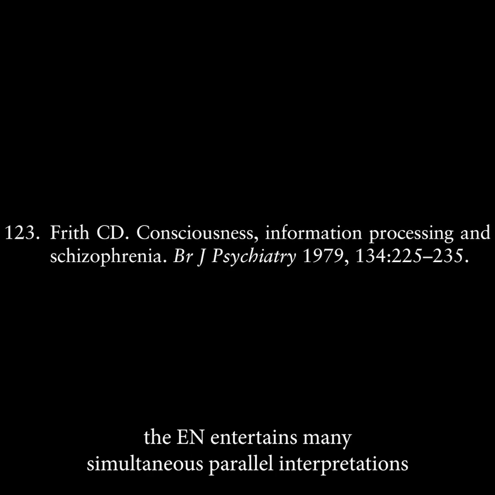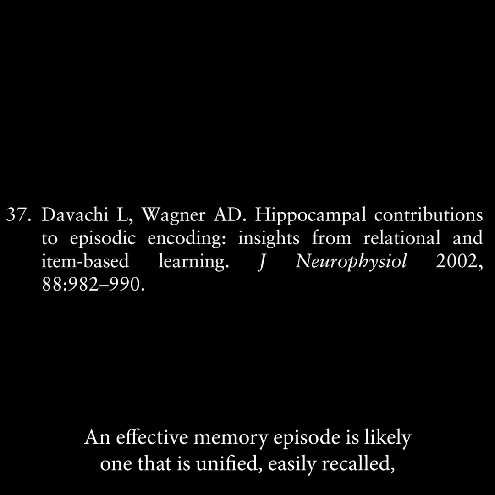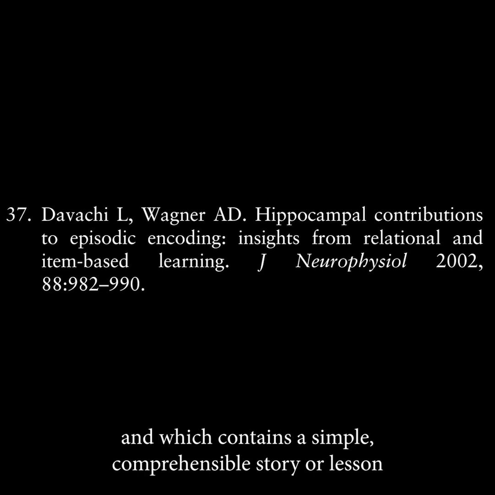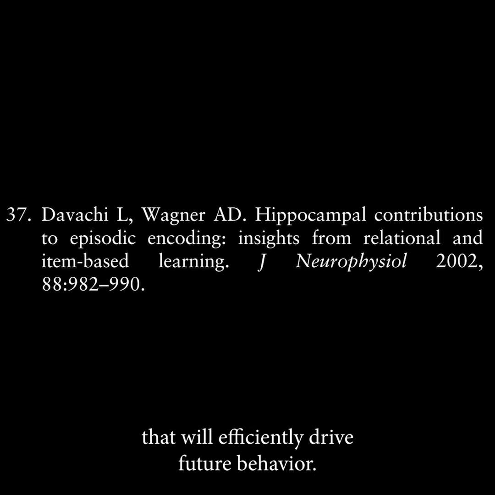For example, the EN entertains many simultaneous parallel interpretations of incoming stimuli. But to include each of them in the memory would make that memory confusing, cluttered, and inefficient. An effective memory episode is likely one that is unified, easily recalled, and which contains a simple, comprehensible story or lesson that will efficiently drive future behavior.